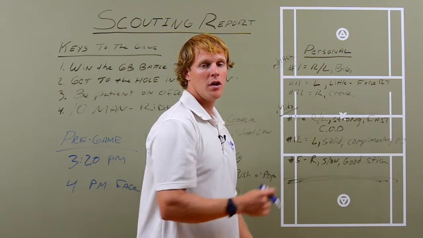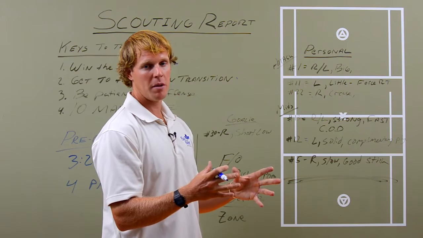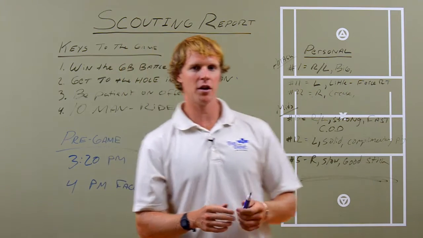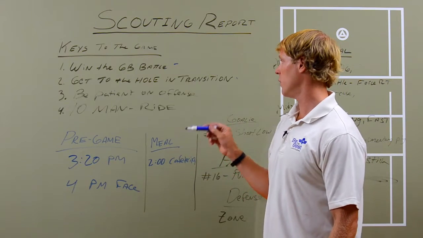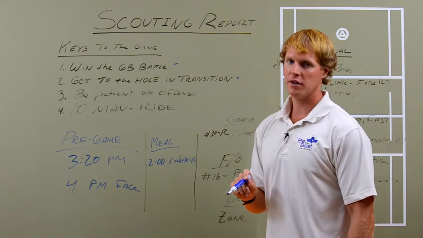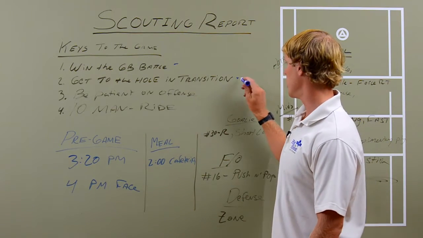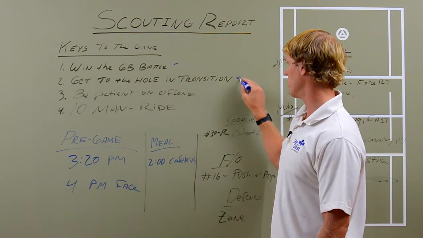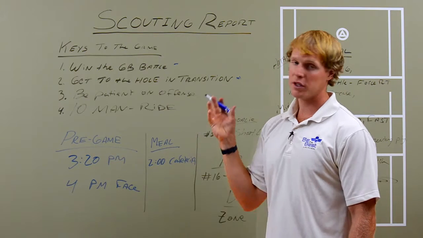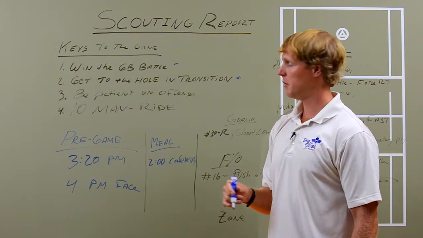Get to the hole so you can find your matchups, get organized, and play team defense. You don't want to give away any goals in transition to this team because they've punished other teams that are slowly getting back. We want to make sure we're not giving them easy goals. So make sure you get back in the hole in transition.